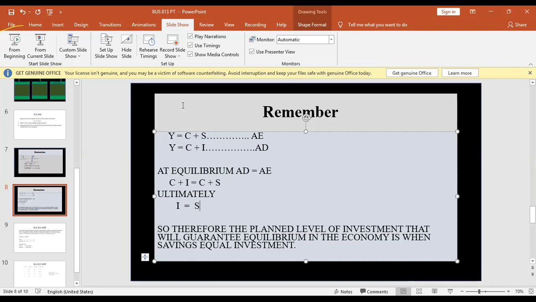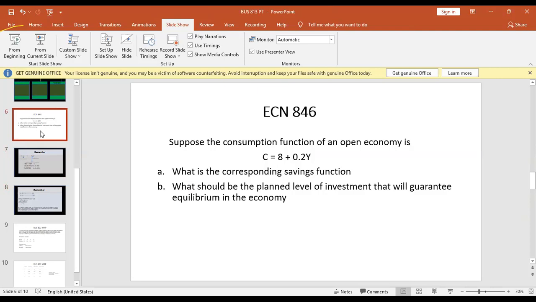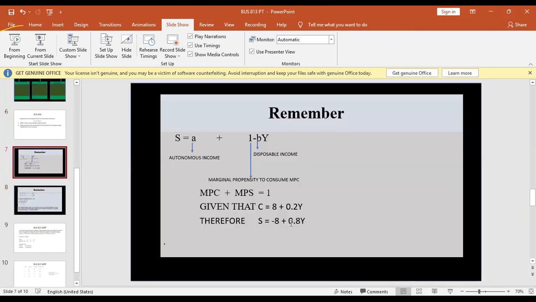All right, based on the first part of the question, that is the savings function, in our answer we have S equals minus 8 plus 0.8y. Is it supposed to be 0.8y or 0.2y? What was given here was 0.2. So if this is 0.2, therefore this is supposed to be 0.8. 1 minus 0.2 is 0.8.